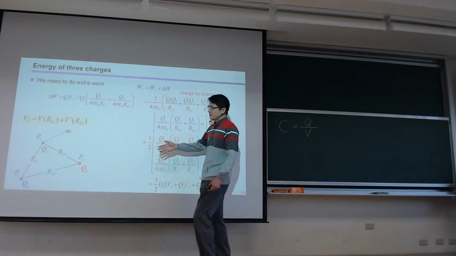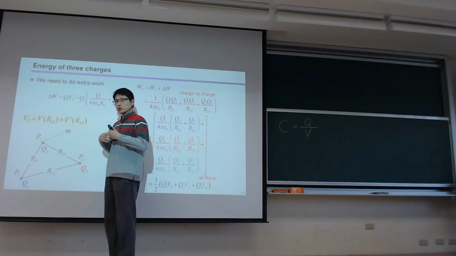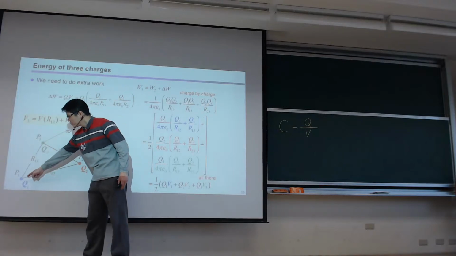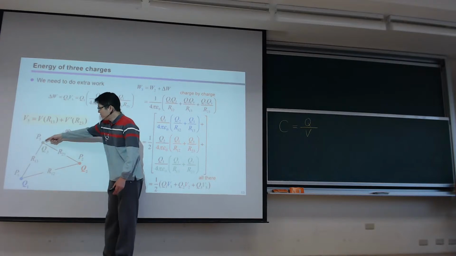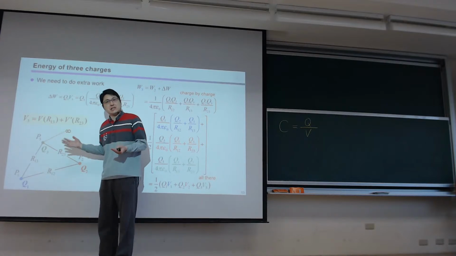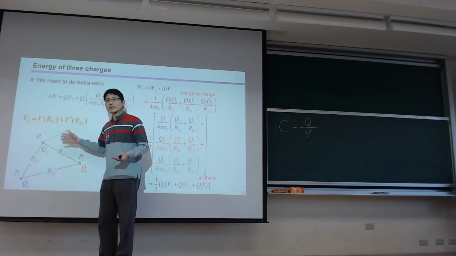I know that I have 3 charged particles, so I'm trying to sum up the total energy required. So I look at charged particle 1, right? It's there in space, but these 2 are also there in space because I don't care about the sequence now. They're already there.